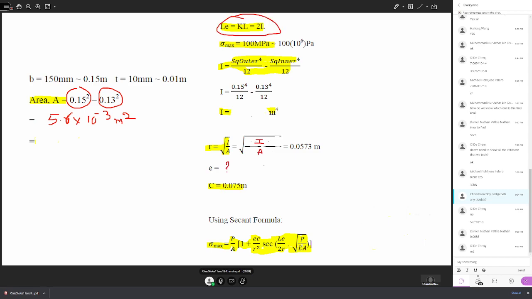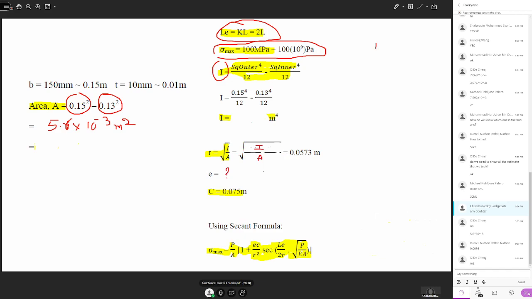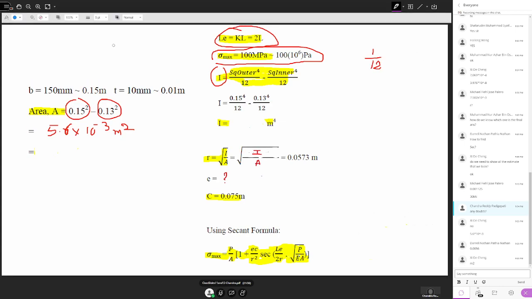Then the effective length is 2 times the length. The maximum compressive stress is given as 100 megapascals. Then you need to calculate the inertia of the square hollow box. The formula is 1 over 12 width to the power of 4.